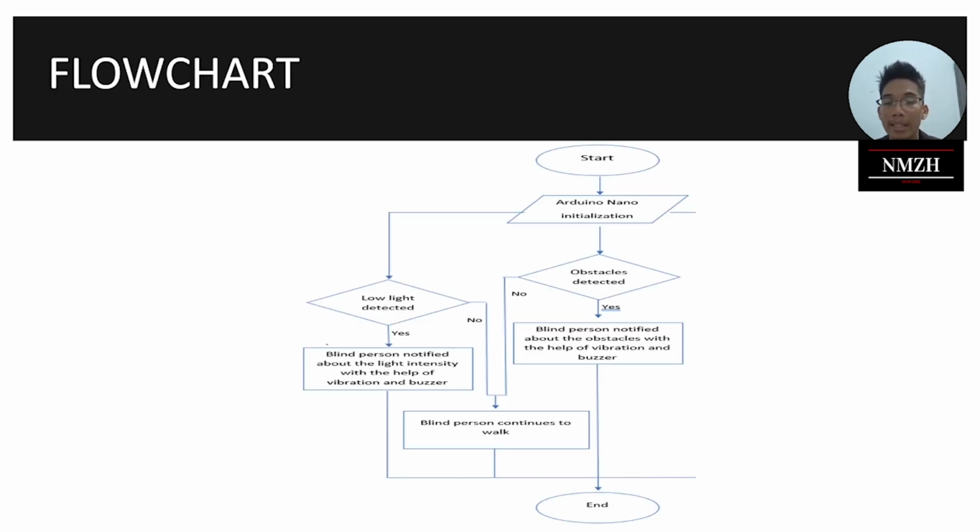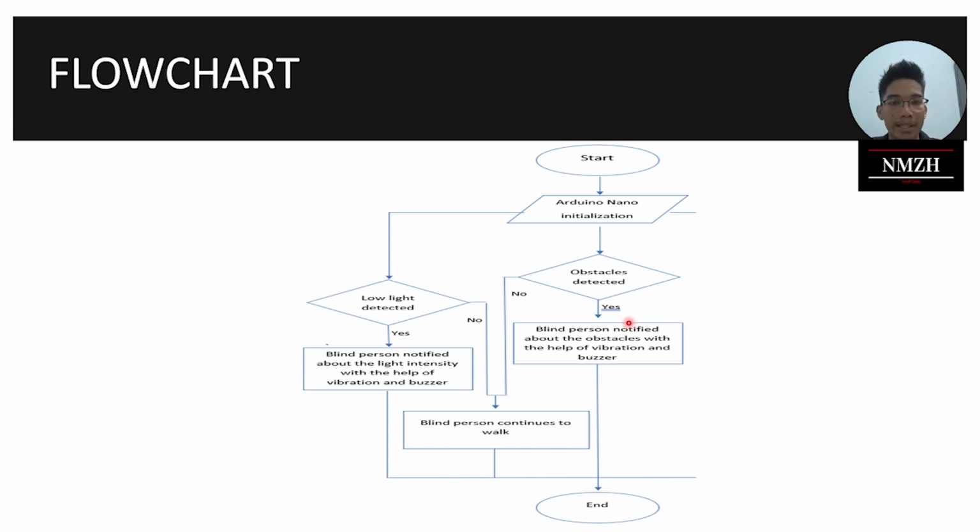To give you a better understanding about the system, I would like to explain the flowchart of the system. The first one, of course, the start, and then the Arduino Nano will be initialized. The Arduino Nano will check two conditions, the obstacle and the low light. If the obstacle is detected in the range of below 30 cm, the blind person will be notified through the buzzer.